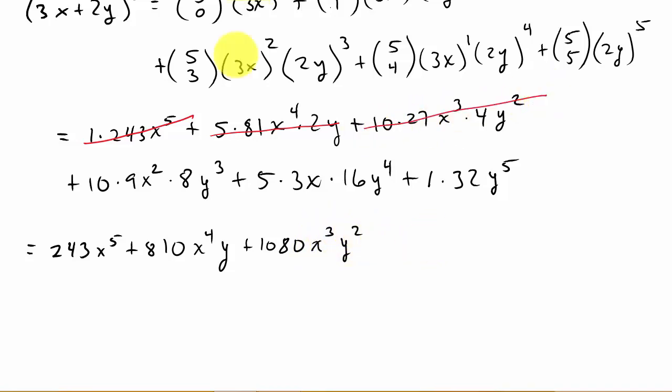this one we calculated. And now this one, what is that? 9 times 8 is 72, times 10 is 720. Okay, and then x squared y cubed.